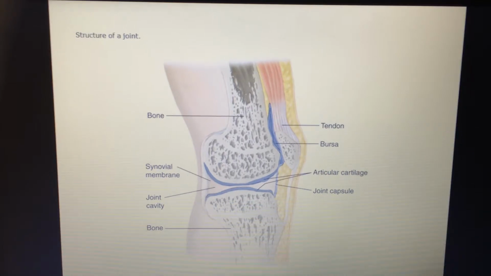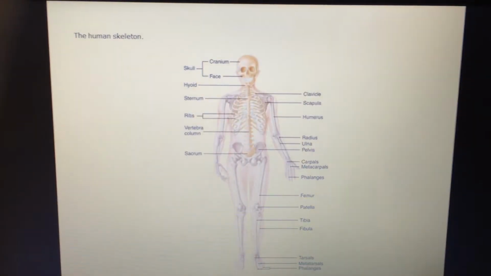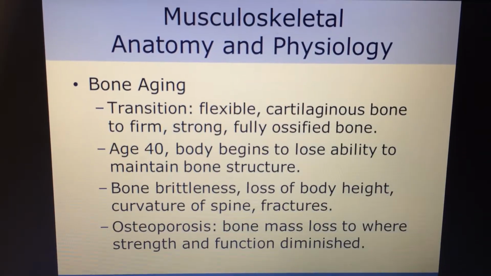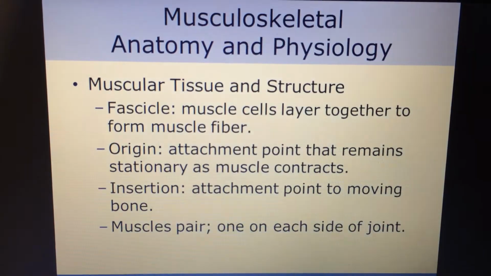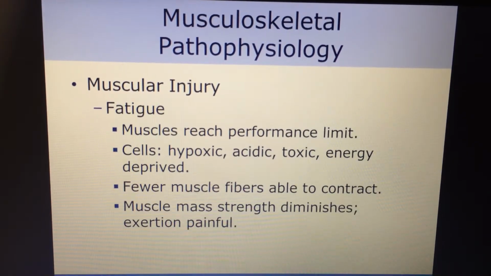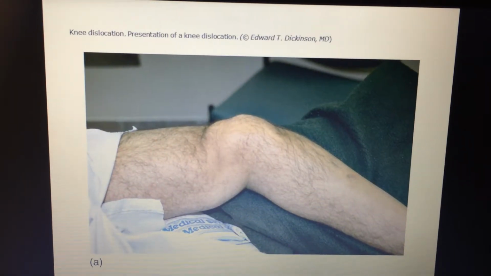So given a hip joint, what kind of joint is that? I do want you to know that that's going to be a ball and socket joint.